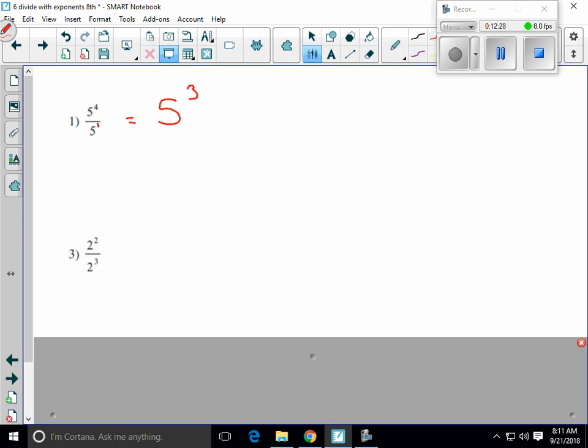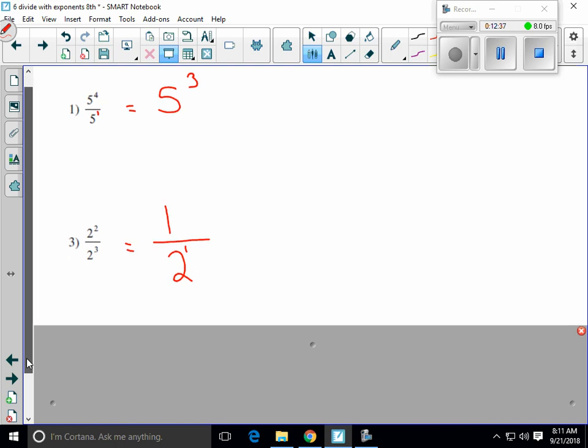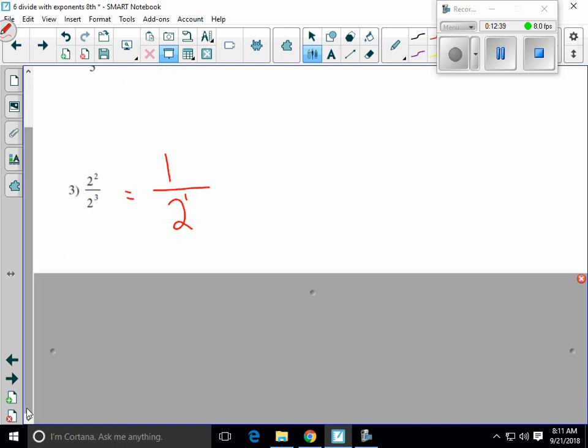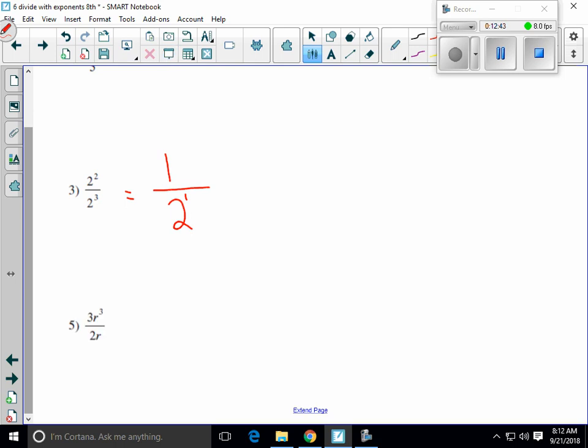For number 2, subtract your exponents. 3 minus 2 is 1. Okay, this time you do need a place value holder in the numerator, because this one's going to be a fraction, your answer. And for number 5, the numbers stay the same, but you have r squared left in your numerator.